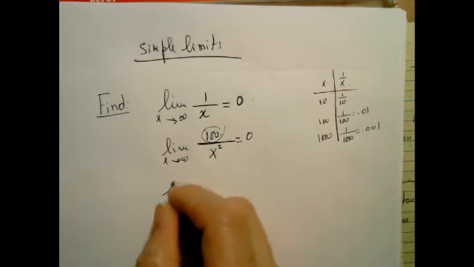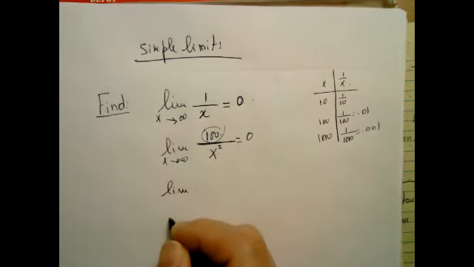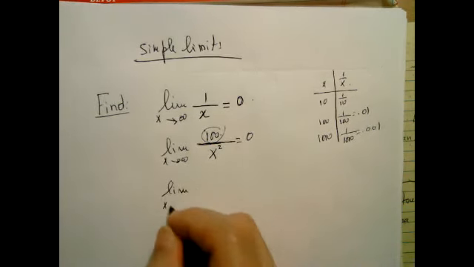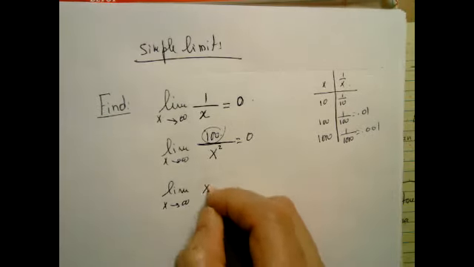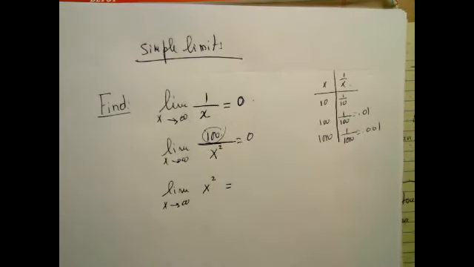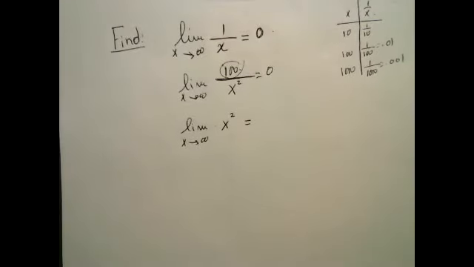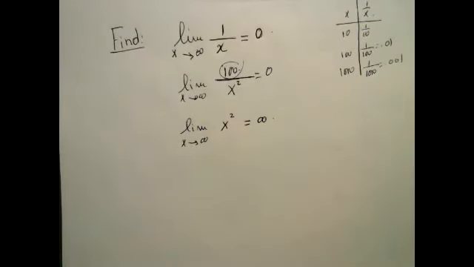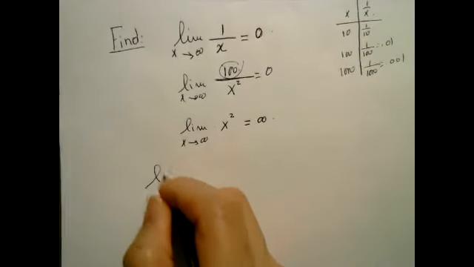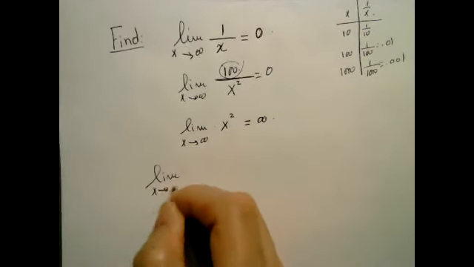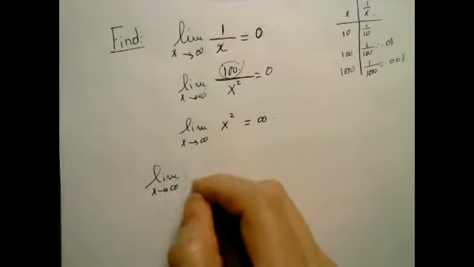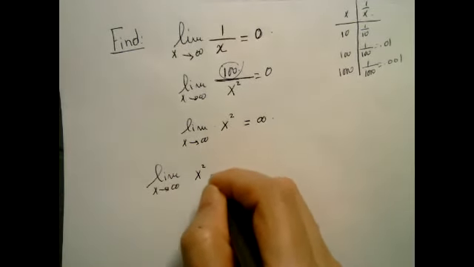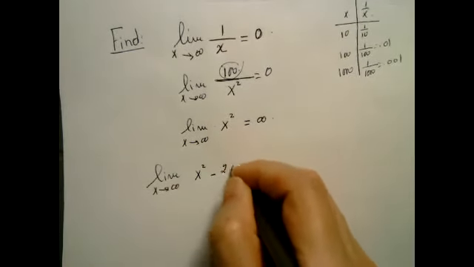Now, another very simple limit, as I said. What happens to the limit as x goes to infinity of x squared? When x gets very large, x squared gets even larger, plus infinity. Finally, let us say what happens to the limit as x goes to infinity of x squared, but I take away 2x from it.